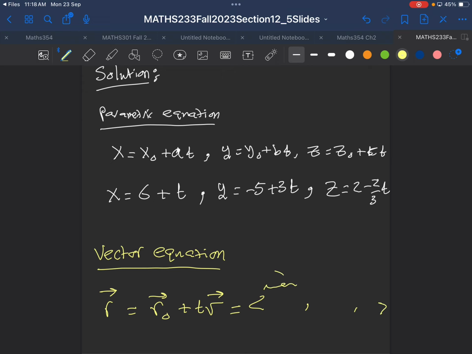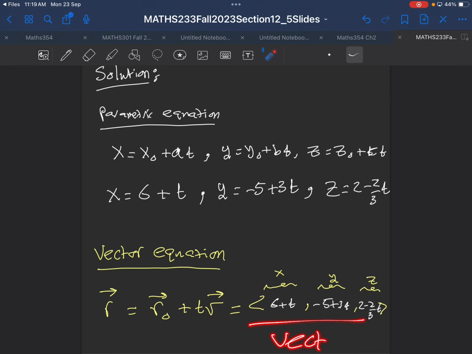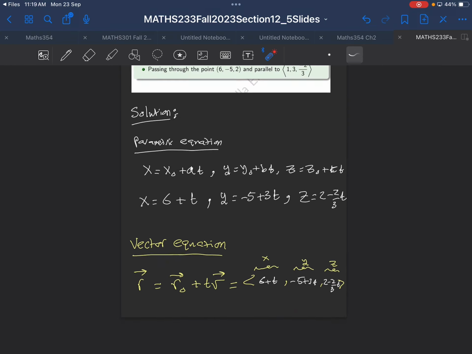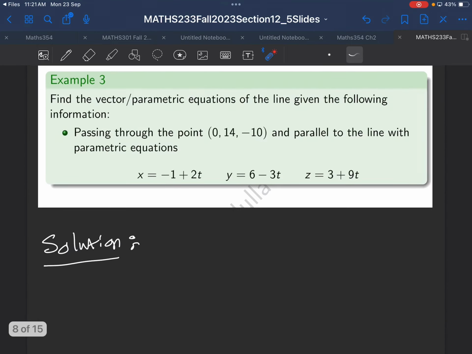So here you have to write whatever you get as x, which is 6 plus t, comma, here you have to write the y. Finally, here you have to write the z. So you write just component of x, component of y, component of z. And this we call a vector, because we write it as a vector equation. And that's how we solve.